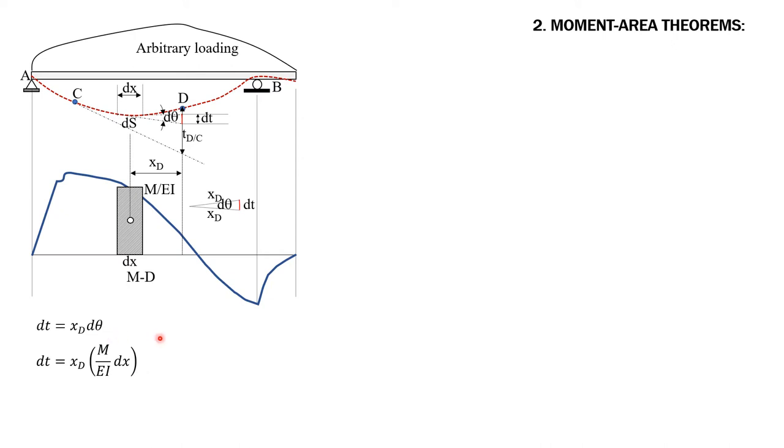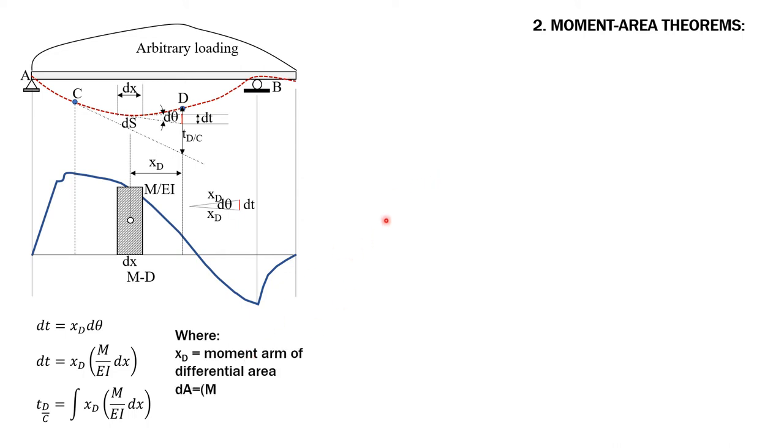If we integrate this, we interpret it as the area of the strip, and we interpret x sub D as the distance of the centroid of the strip from point D. So the deviation of D relative to C is the integral of x sub D times M over EI dx, from calculus.